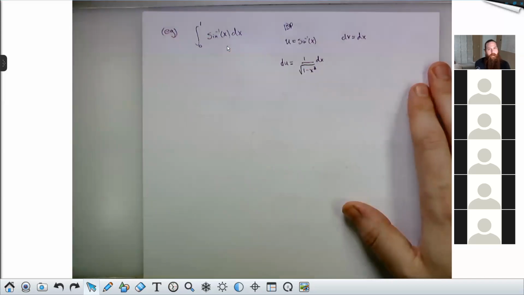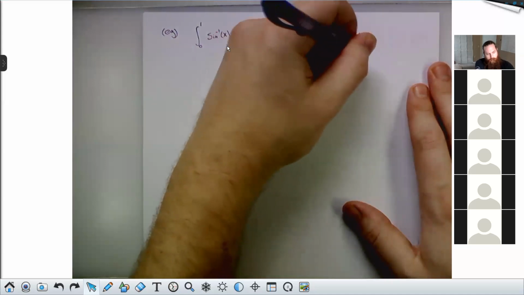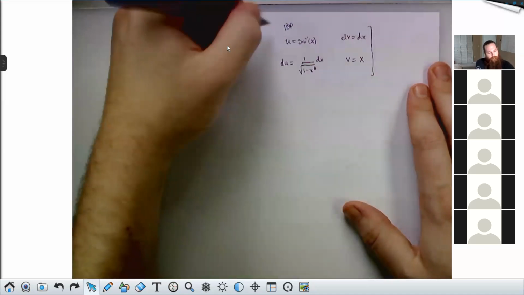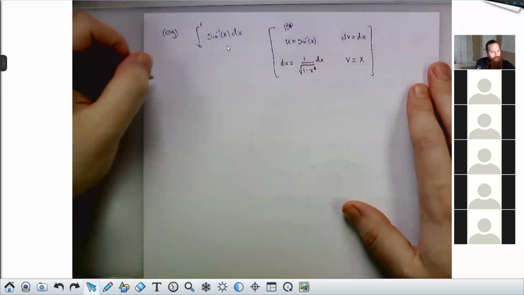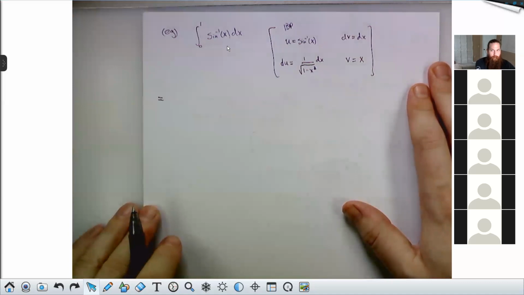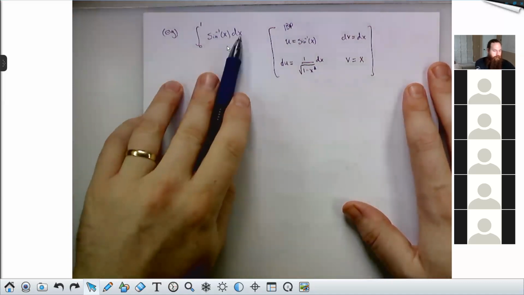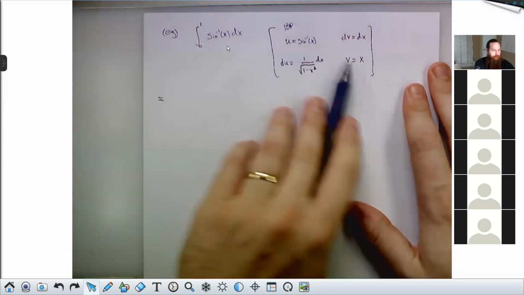So that times dx is du. And v, if we integrate, v is just x. So according to my IBP formula for definite integrals, the integral of u times dv is u times v.